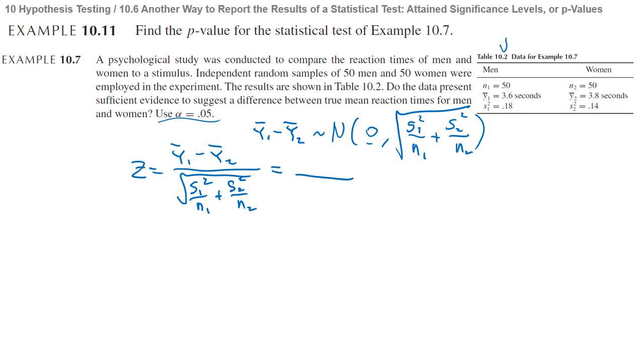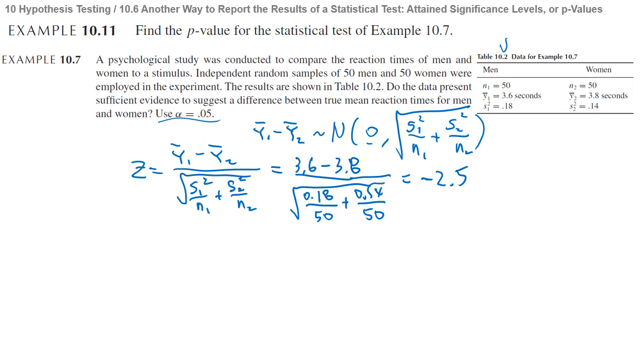So y1 bar is 3.6, y2 bar is 3.8, and s1 square is 0.18 over 50 plus 0.14 divided by 50. If you calculate this quantity, it is minus 2.5.